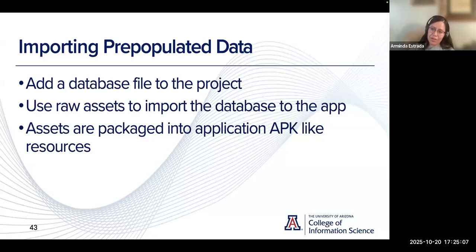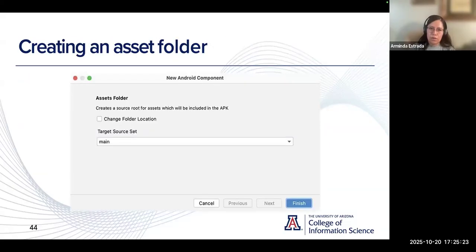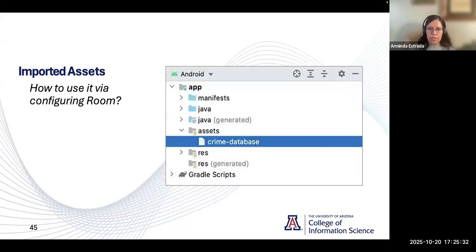Well, it's this file that you're going to have to import into your project files to access it. So how do we use that? We use the raw assets to import the database to the app and then access our package in the application APK-like resources. So to do this, again, we go into import, and then we go into the assets folder. And in this assets folder, we go into main, and then we go ahead and import that in there.